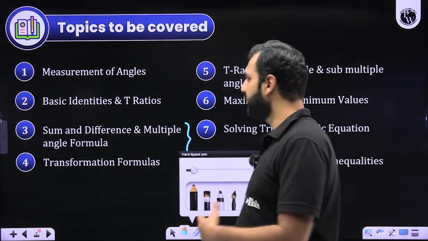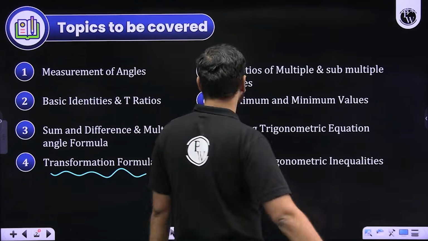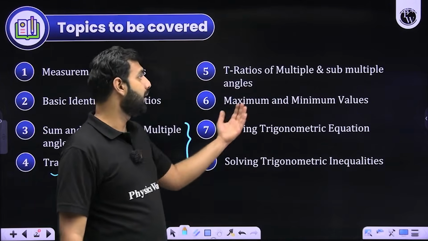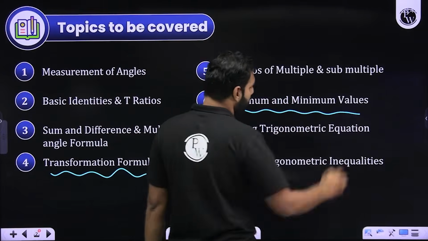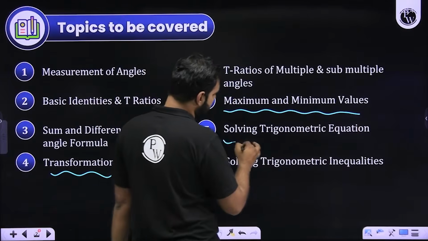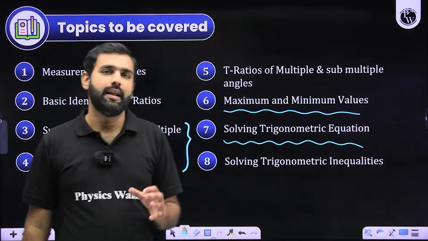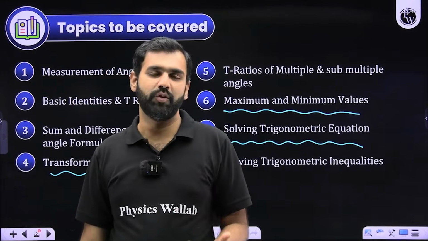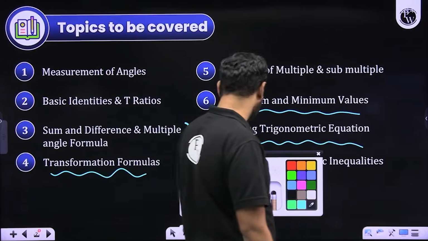For example, sum and difference formula, multiple angle formula, transformation formulae, and of course trigonometric ratios of multiple and submultiple angles, and then maximum and minimum values of a trigonometric expression, and of course solving trigonometric equations, which is actually excluded from your syllabus, but it is not. Last year only questions were seen from this topic. So yes, this is all what we'll be discussing in this particular one shot video.